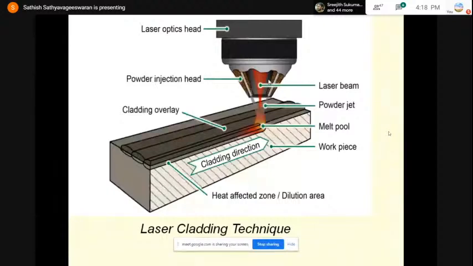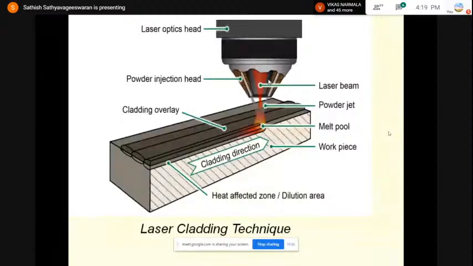Here the most important thing is the parameters which control the quality of the cladded layer. The first one is the power input, which depends upon the material to be modified. Another is the angle at which you feed the powder, whether it is along the axis of the laser beam or you are feeding separately.